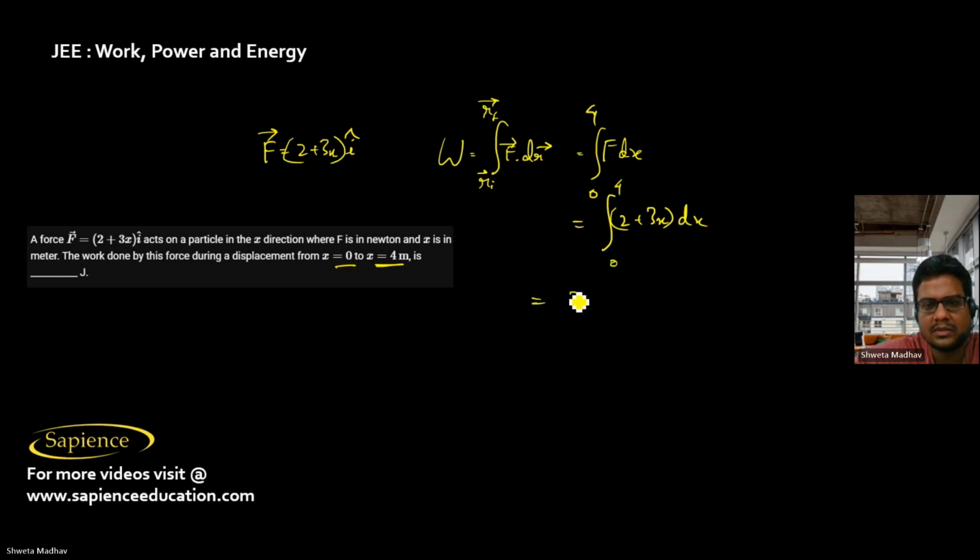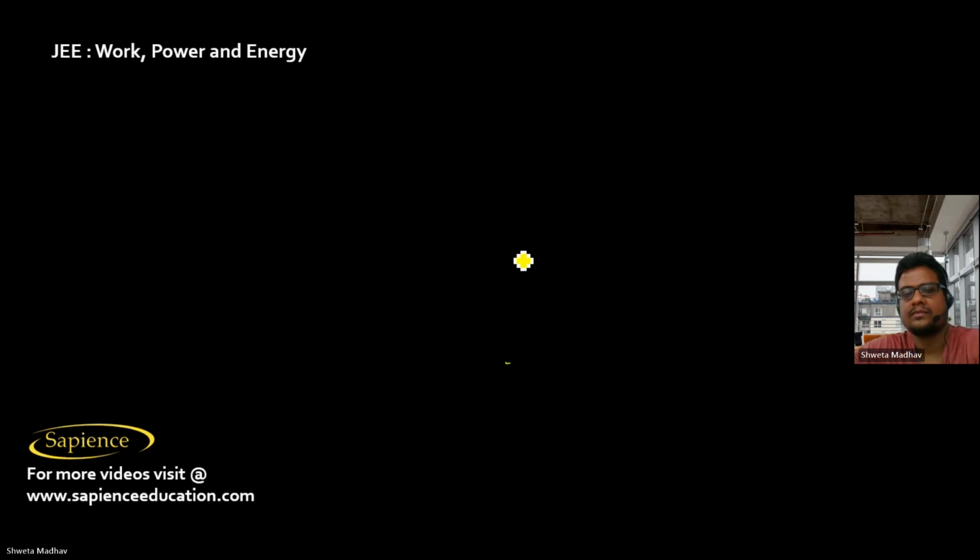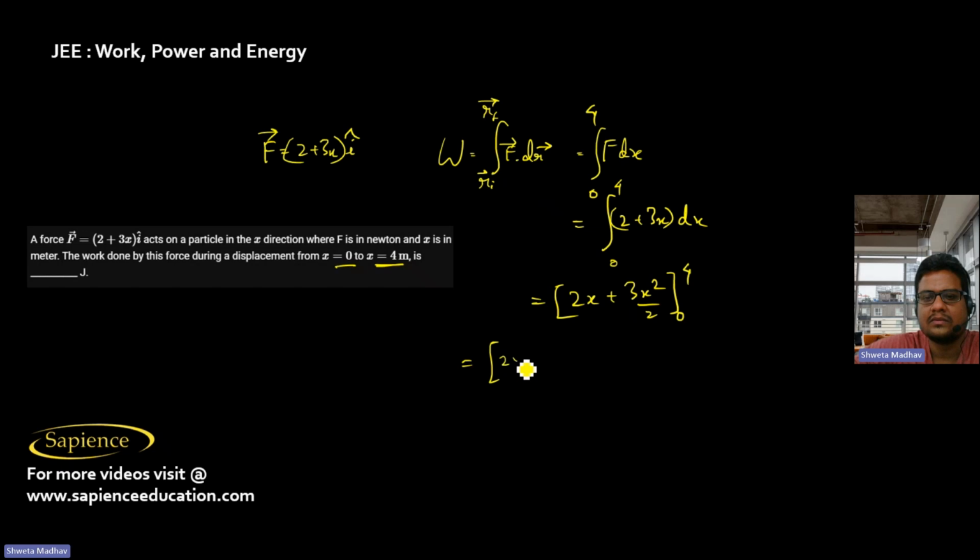This will be 2 into 4 plus 3 by 2 into 4 square, minus 0. So 2 4s are 8, 8 plus 2 8s are 16, 3 8s are 24. 24 plus 8 is equal to 32 joule. So the work done is 32 joule.